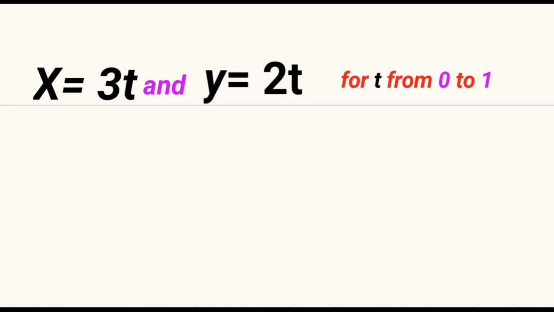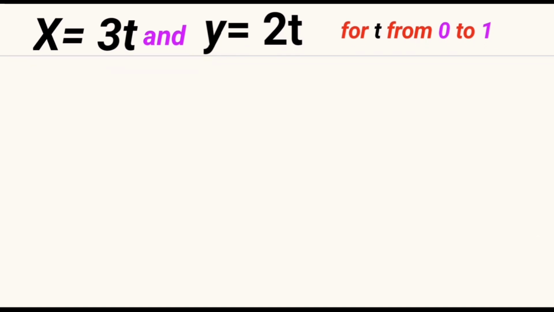For our second question, we have to determine the length of the curve defined by the parametric equations x is equal to 3t and y is equal to 2t, and our t is from 0 to positive 1.